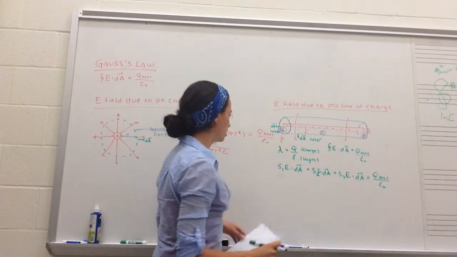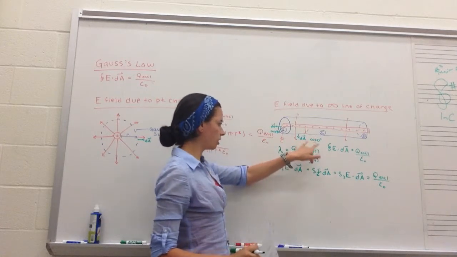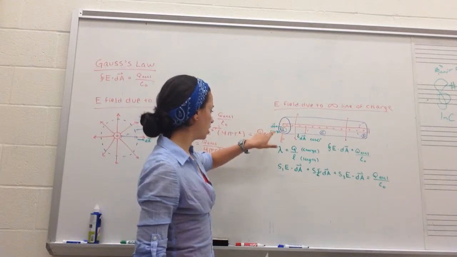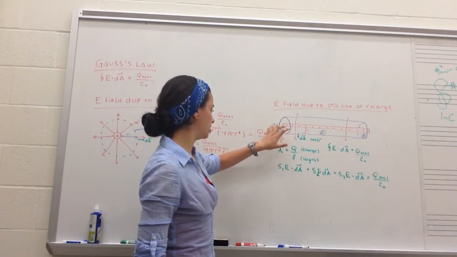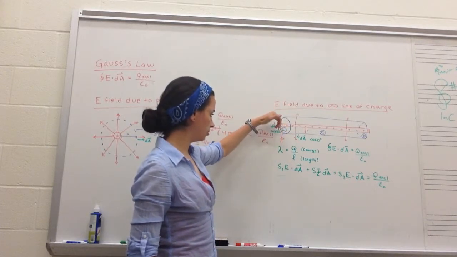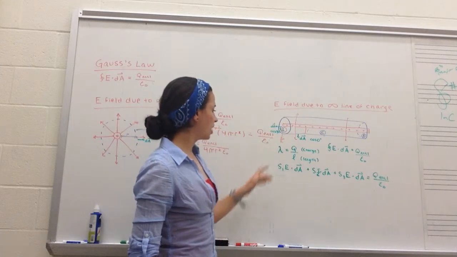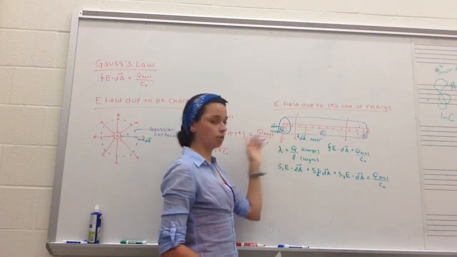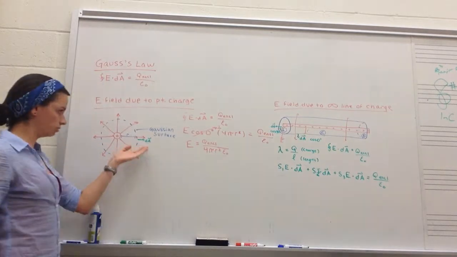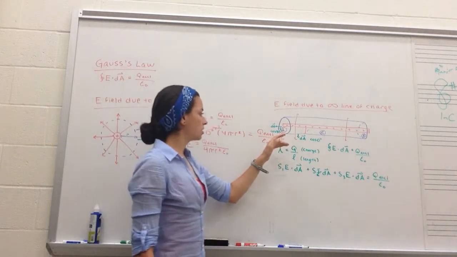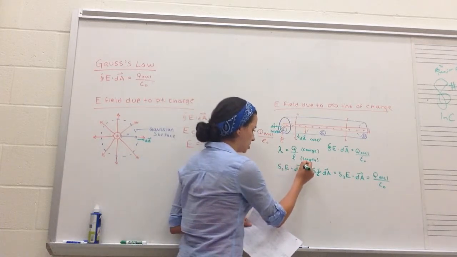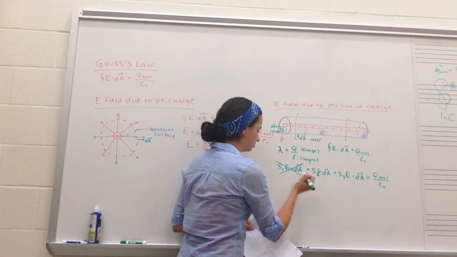Alright, so like we said, we'll start with surface 1. For surface 1, the dA vector makes a 90-degree angle with the electric field vector. And so the cosine of 90, because the parallel components are the only ones that matter, like you saw here, equals 0. So this entire piece is 0, and it just goes away.